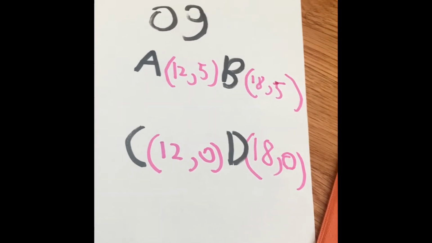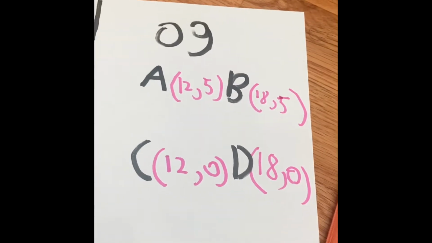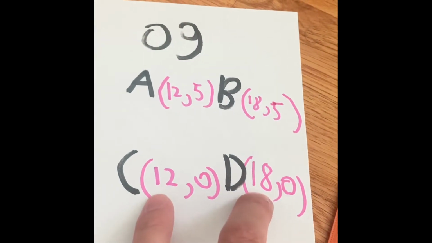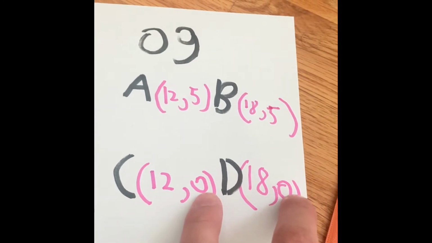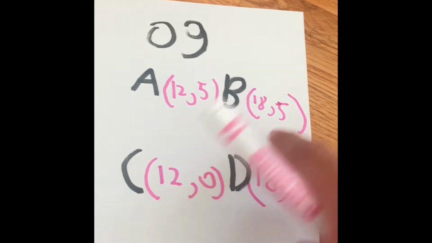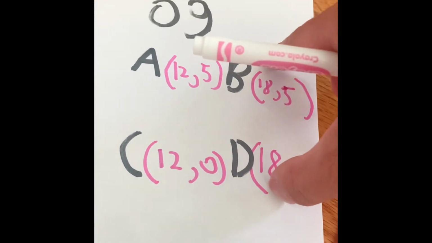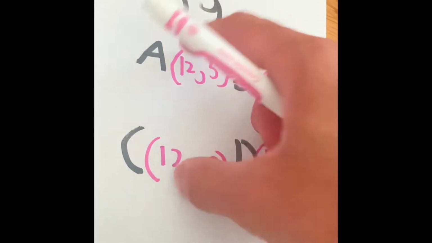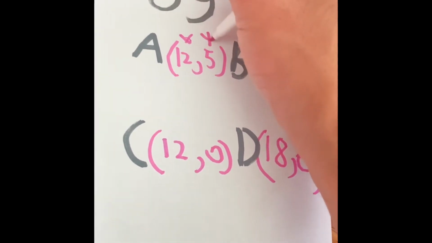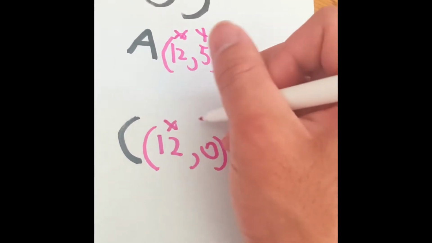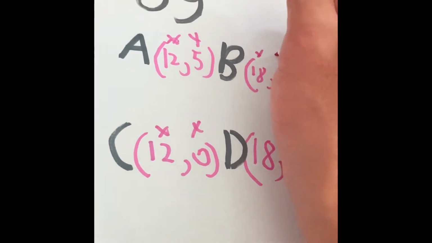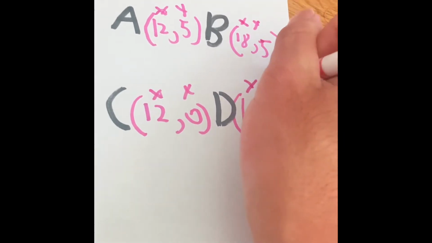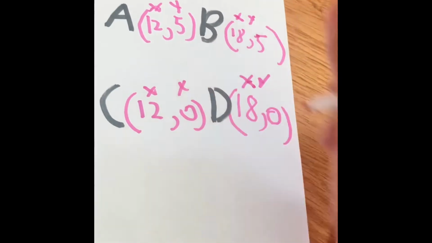A and B have the same y value, while C and D have the same y value. B and D have the same x value, and A and C have the same x value. We're going to need this later.